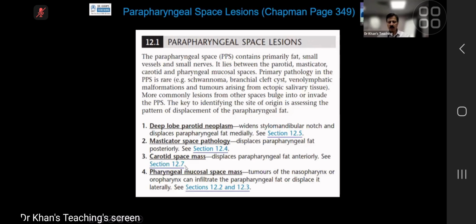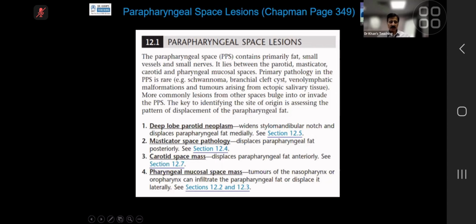And the same concept which I have told you: a deep lobe parotid neoplasm will widen the stylomastoid notch and displace parapharyngeal fat medially. Masticator space displaces it posteriorly. Carotid space displaces it anteriorly. Pharyngeal mucosal space displaces it laterally.